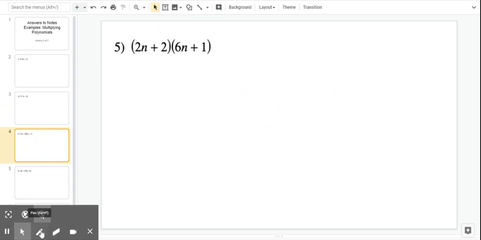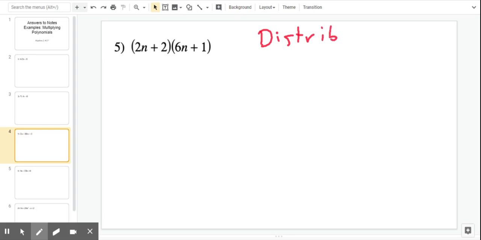So the next one, we're multiplying two binomials, meaning they have two terms. So that means we're going to distribute using our favorite FOIL method. So FOIL meaning first, outer, inner, last.